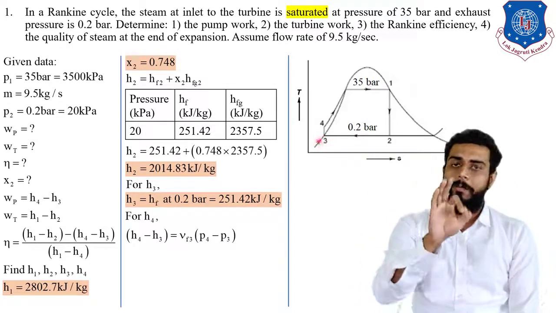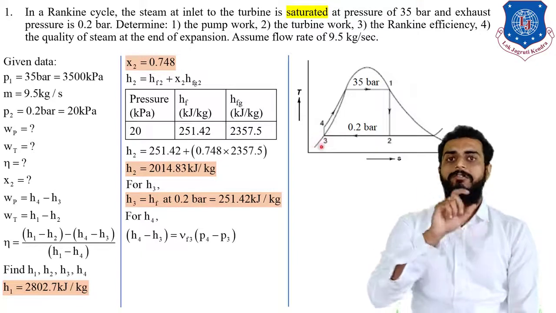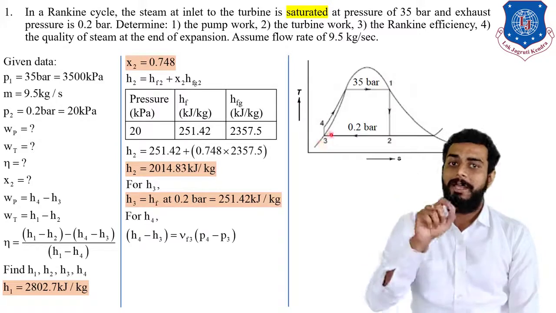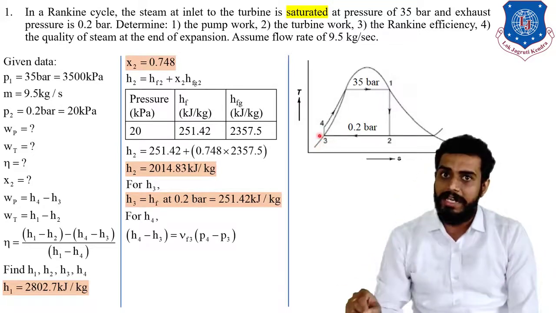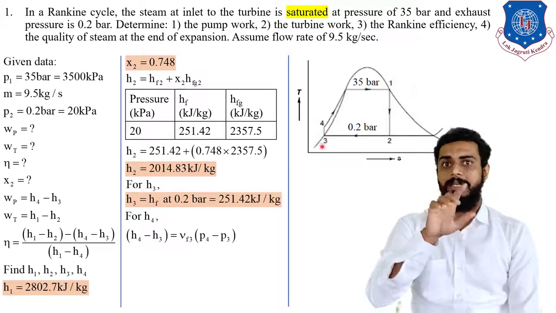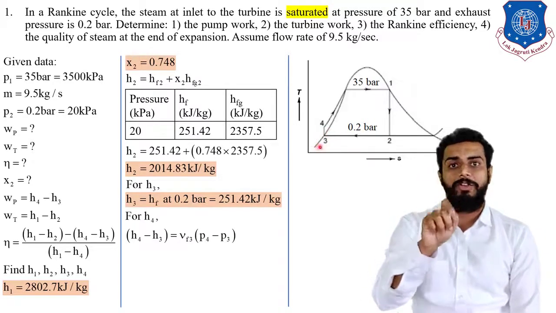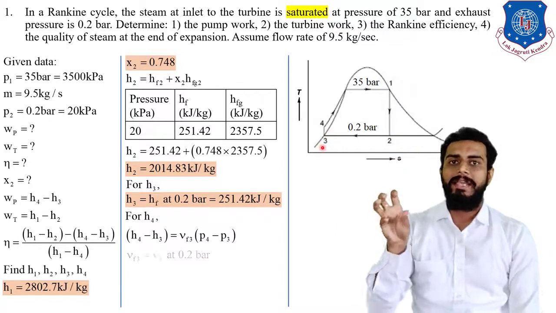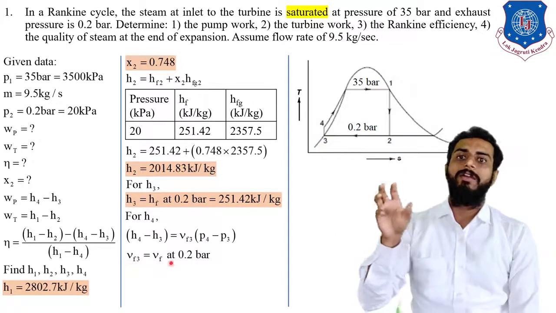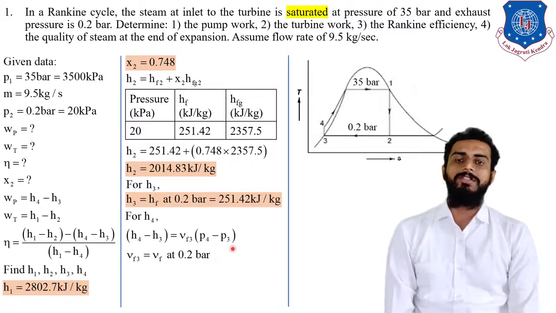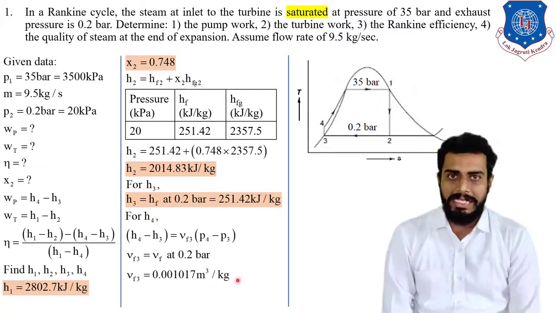So for 0.2 bar pressure, find out the value of VF, because point number 3 is on the saturated liquid line. Open the steam table, find the pressure 0.2 bar and the corresponding value of VF. So it will be 0.001017 meter cube per kg.